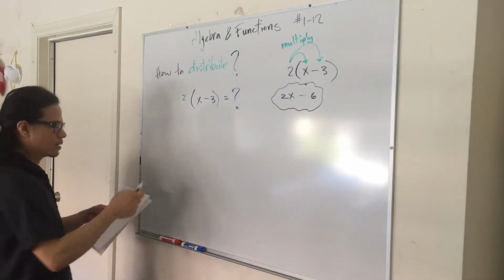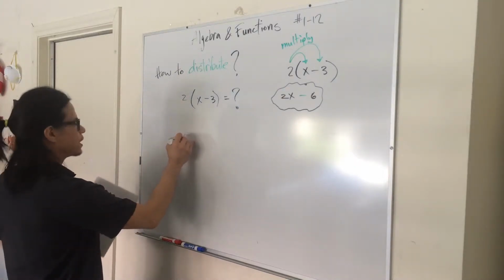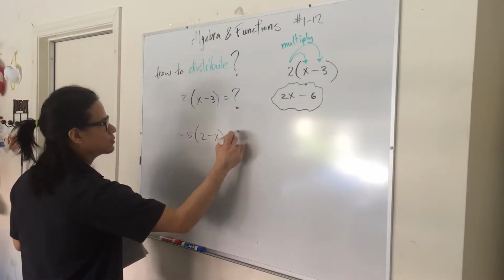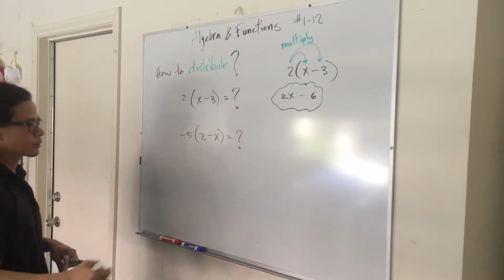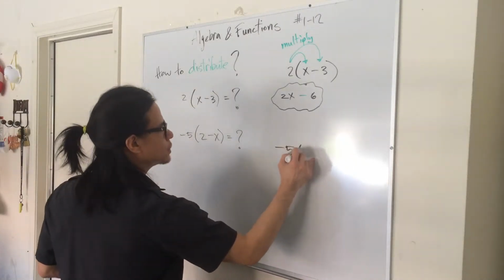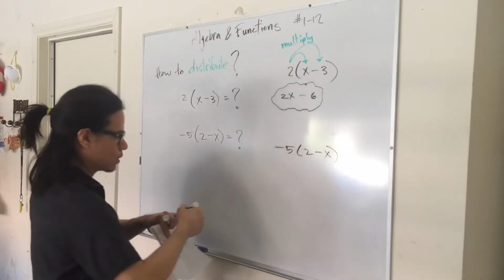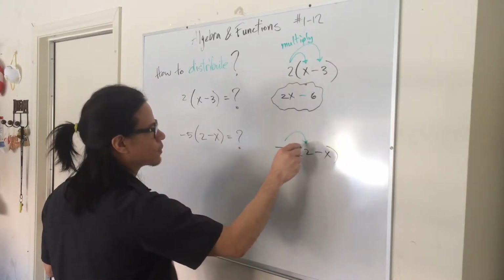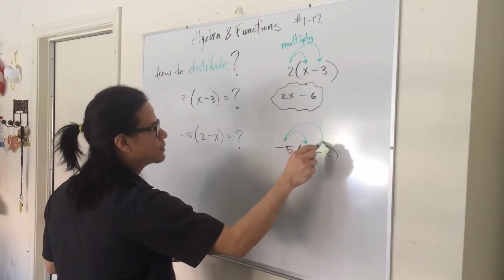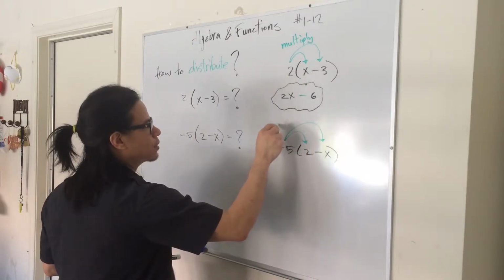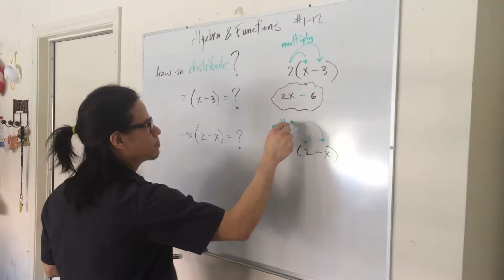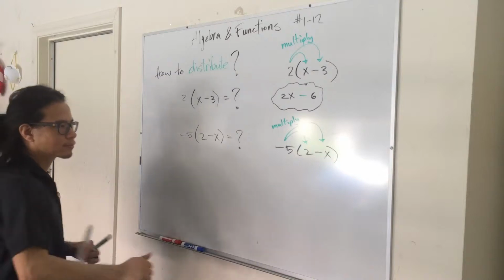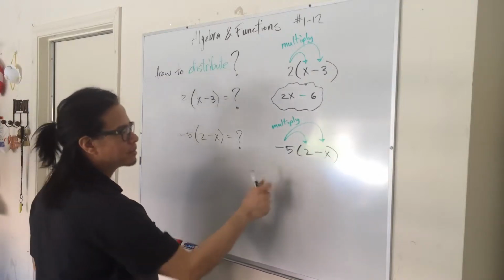Let's look at another one so that we can make sure that we understand this. Negative 5 times (2 minus x) equals what? Just going to rewrite this here. What you're going to do is take negative 5 times 2 and then take negative 5 times negative x. So multiply. Ask yourself, what is 5 times 2?